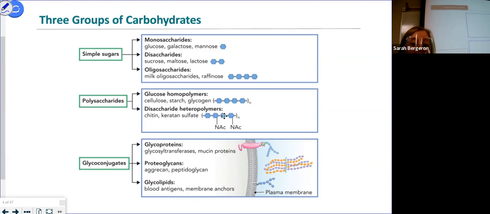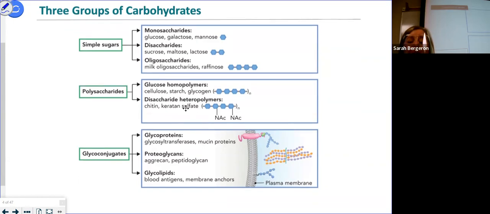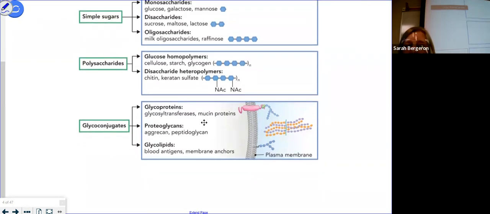It's 1, 2, 1, 2, 1, 2, right? These are really important for organization. In insect exoskeletons, the chitin in there, but also in things like your cornea, in your eye, you have keratan sulfate. That's really, really, really important. And I'll show you some examples of that kind of stuff.